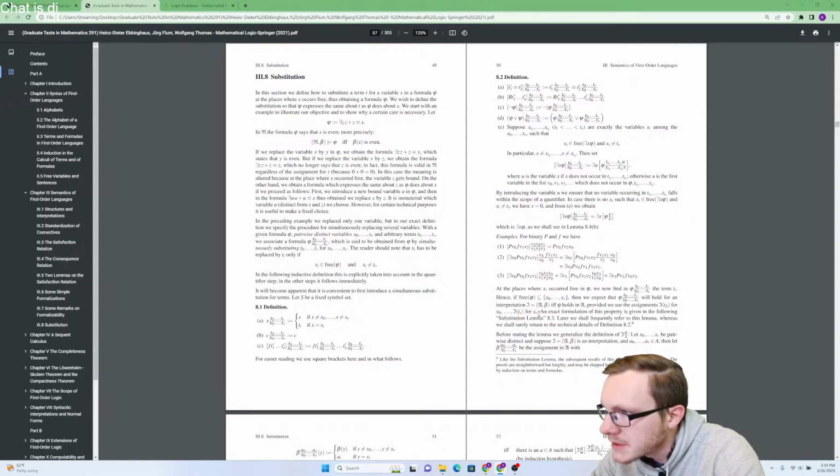We expect that replacing the terms with x naught through xr will hold for an interpretation if and only if phi holds in A, provided we use the assignments for the terms. We use the assignments j, t naught for x naught through jtr for xr.